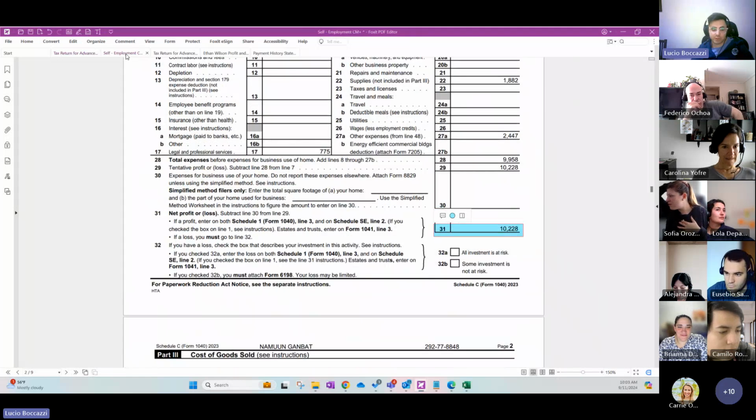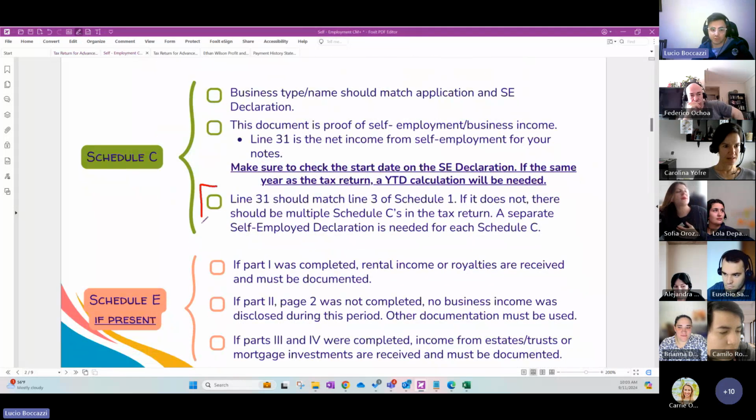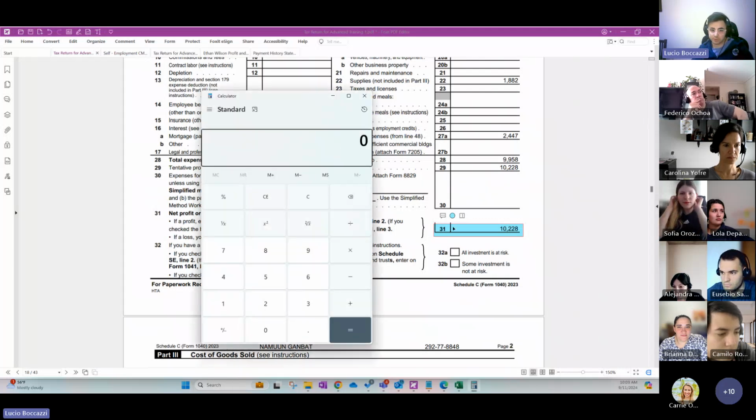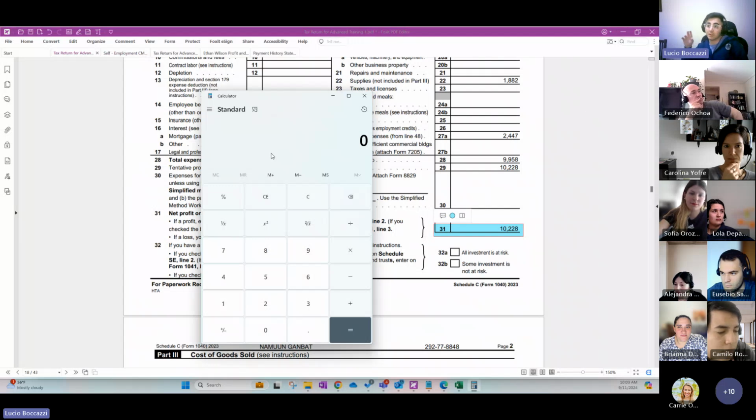So now what we were talking about before is that line 31 should match Schedule 1. So the thing is, we're going to add together all lines 31 for the Schedule Cs, and then it should match line 1. Remember that the Schedule 1 and the 1040 form include everything together for both that are filing their taxes.